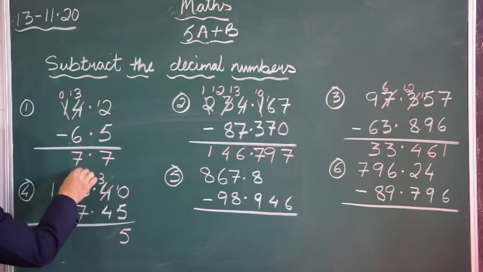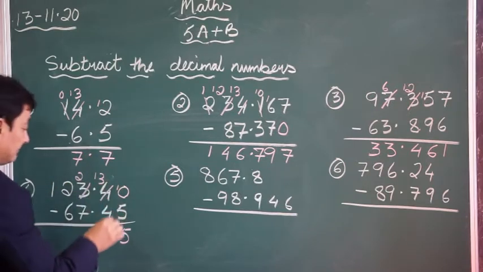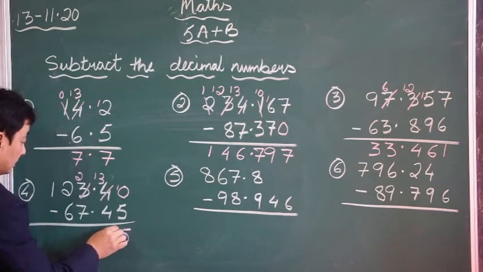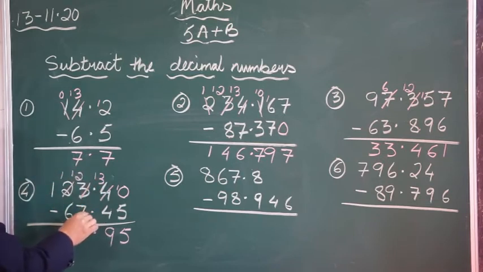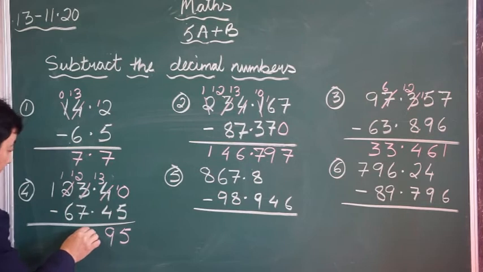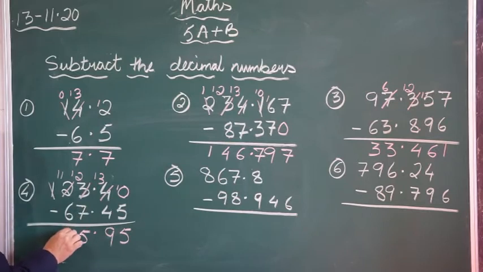Again, we must borrow. 13 minus 4, 4 is here. 5, 6, 7, 8, 9, 10, 11, 12, 13. How much? 9. Decimal point. Again, borrow. 12 minus 7, 7, 8, 9, 10, 11, 12. How much? 5. Again, you got 1, borrow. 11 minus 6, 5. And 0.